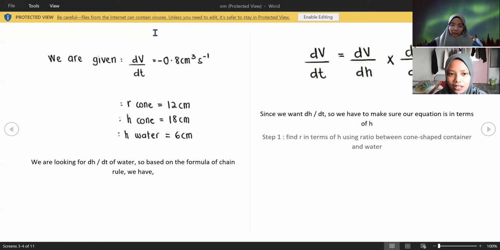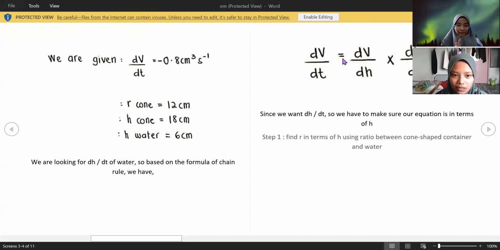So if we want to find dH per dt, we need to move dV over dH to the left hand side. So dH per dt equals dV per dt times dH per dV. Yes. I see.